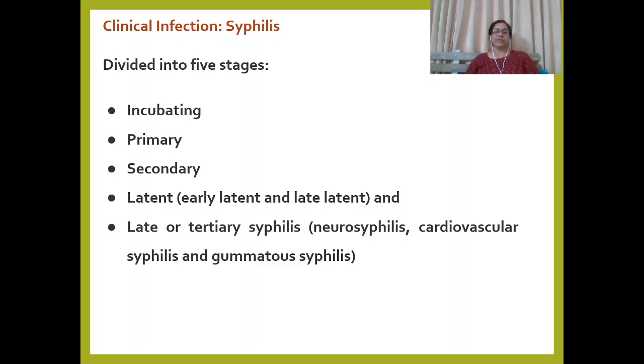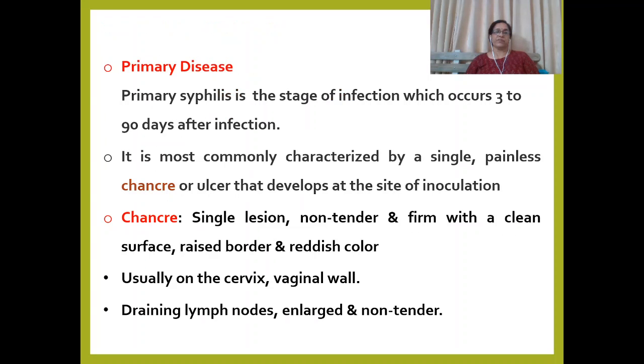One typical symptom observed on mucocutaneous junctions of the body, that is gummatous syphilis, is also observed in the tertiary stage of syphilis. Now I'll see in detail about primary syphilis.